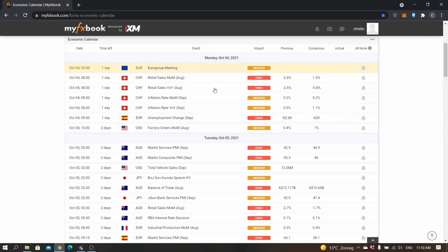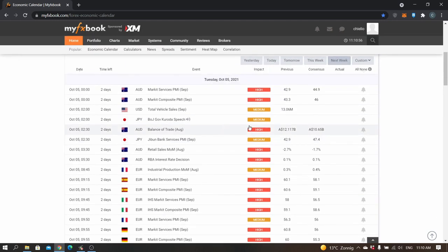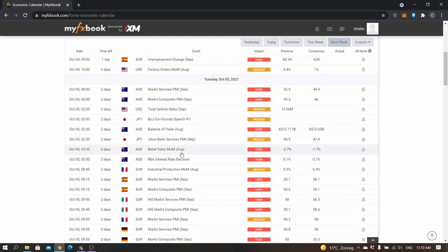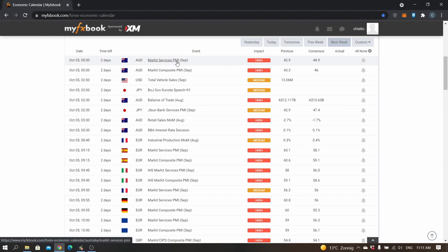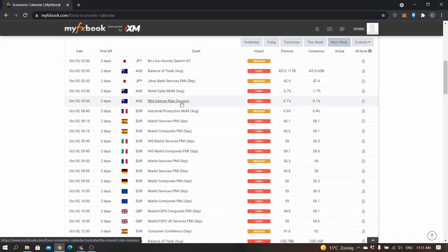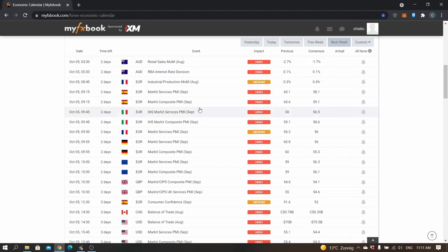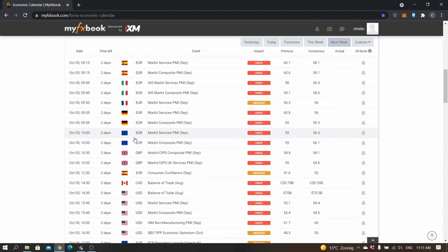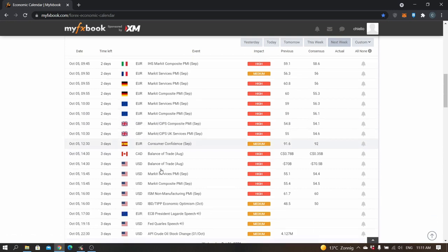So Monday, not really important at all. Tuesday, market services PMI of the Australian dollar, that's important. Retail sales and the interest rate decision, also important. All of these PMIs, not really important except for the Euro one and the GBP one, UK one.